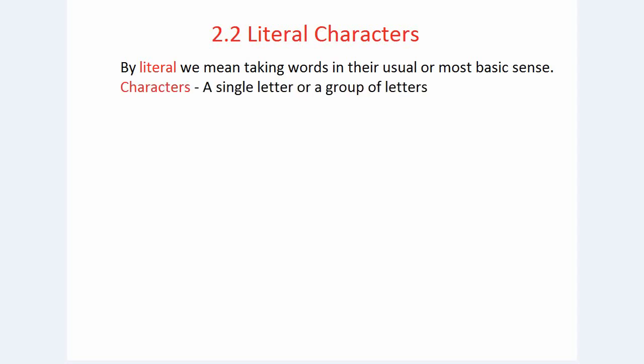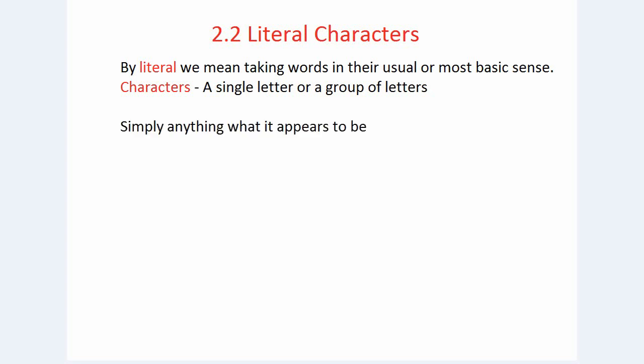And characters, well, a single letter or a group of letters, like alphabets or group of alphabets known as words. Now these words could have some meaning, or it's not necessary that they have some meaning. Just a single letter or group of letters, or any combination of numbers like 1 2 3 4, like 9211.